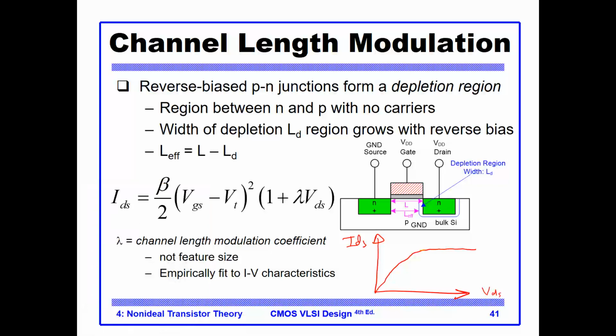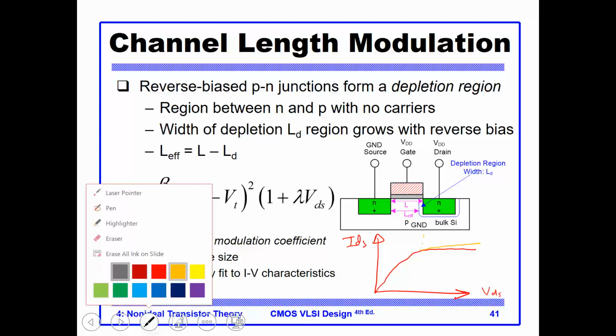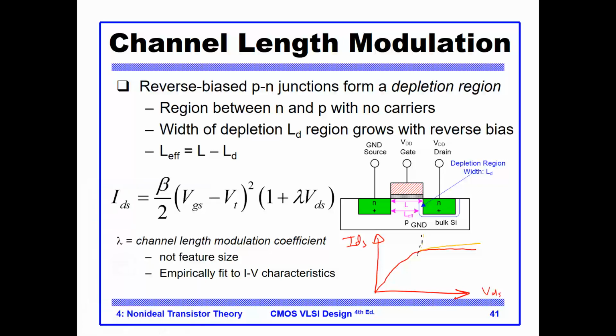It turns out that the current increases slightly when we are in saturation. This is the saturation region, and this is the linear region, right? So the current slightly increases, linearly with VDS, but by a small amount.